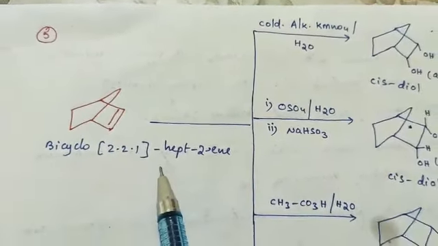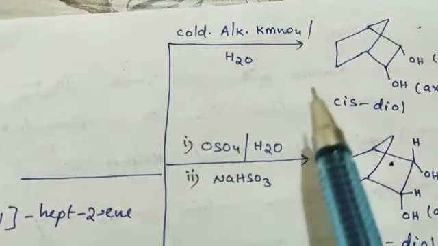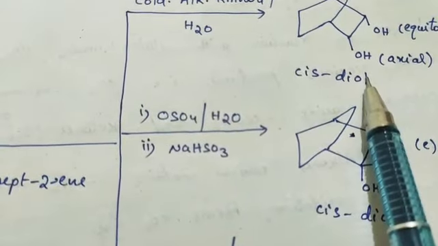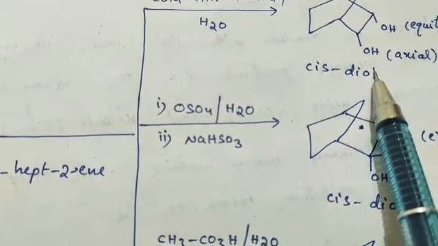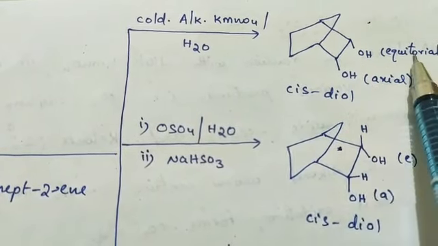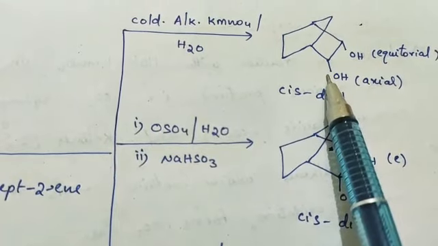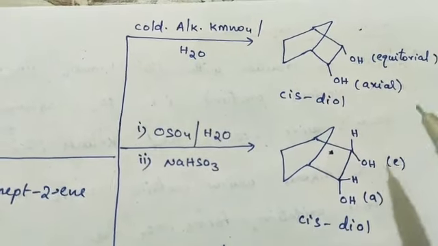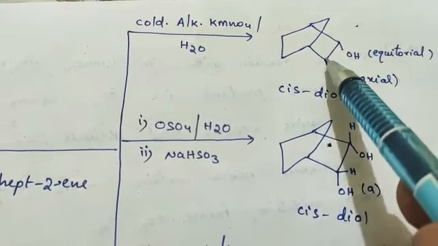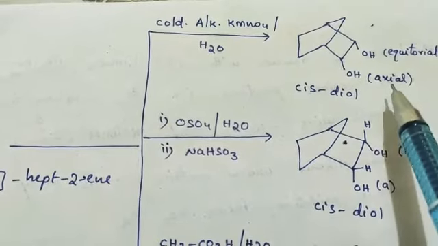Now let us see one bicyclic compound, bicyclo 2,2,1 heptene. For this compound we are adding Baeyer's reagent. Then it forms a cis compound. So in bicyclic compounds, one OH group is equatorial, that is non-parallel, and one OH group is axial, meaning parallel. This is parallel, so make a correction. It is parallel, so it is axial.